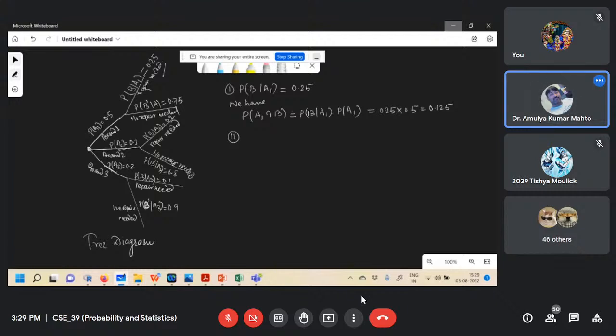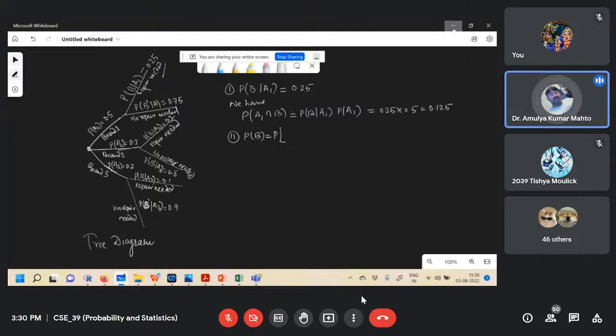The second problem is: what is the probability that a randomly selected purchaser has a DVD player, anyone, first, second, or third, that will need repair while under warranty? So there may be three cases. You actually need the probability of B, those products which actually need repair.